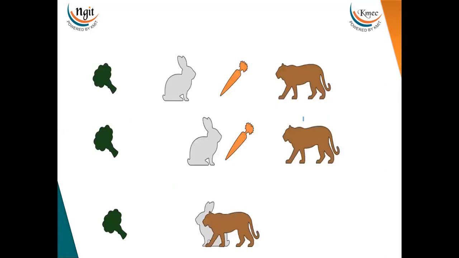So what is the future here? Beside the carrot, there is a tiger who may eat the rabbit. In between the tiger and the rabbit, there is only the carrot. Means when the rabbit proceeds to eat the carrot, he will go closer to the tiger. Then the tiger will attack the rabbit.